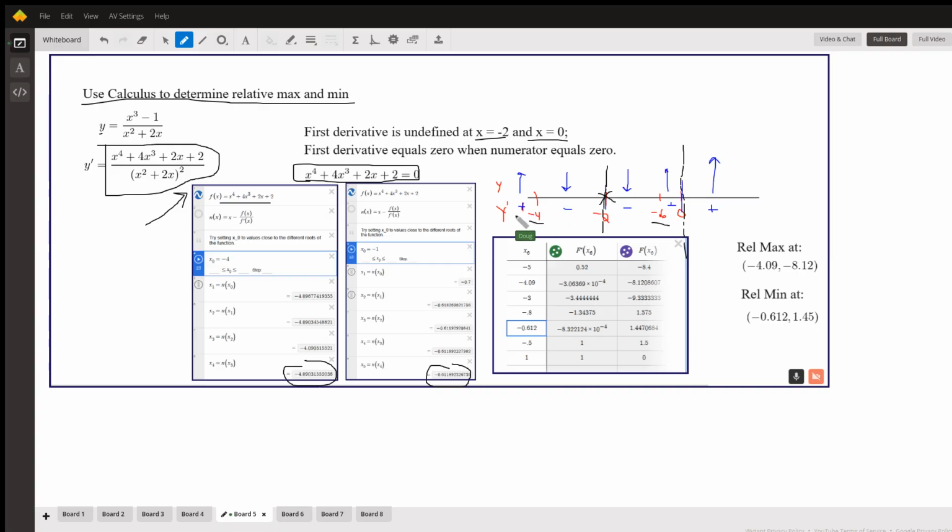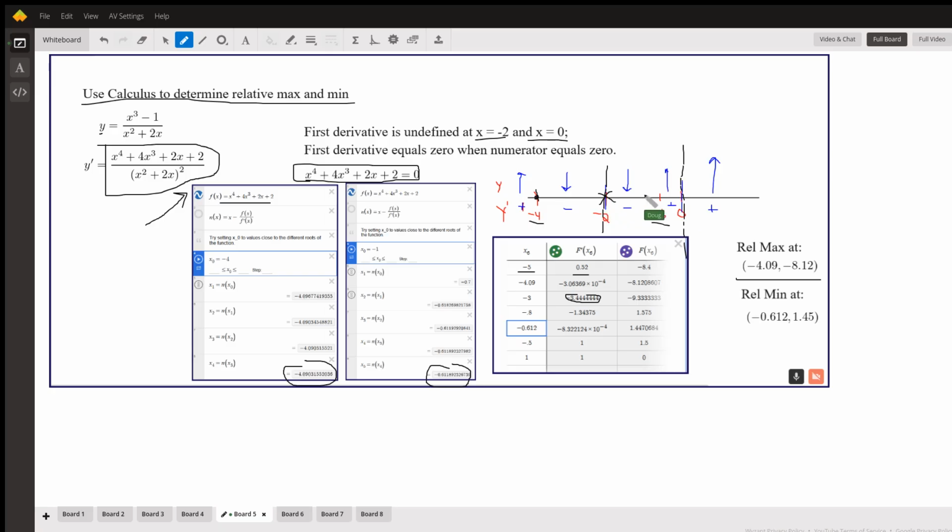So to the left of this -4, turns out the first derivative is positive. So the original function is increasing. To the right of -4, like at -3, the first derivative is negative. And that means we have a relative maximum at this -4.09.